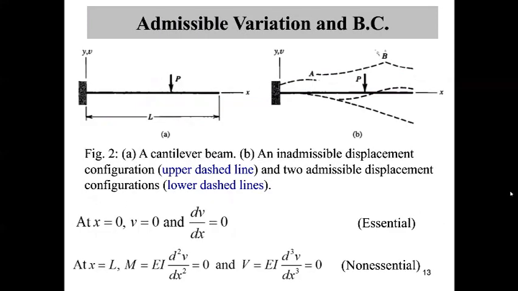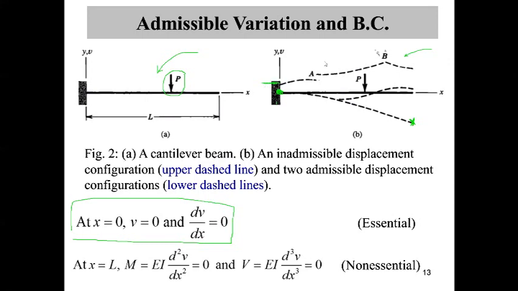In this example, we have a cantilever beam subjected to a concentrated force P. The essential boundary conditions in this case are: at x equals 0, the deflection and the slope of the deflected shape should be zeros. The non-essential boundary conditions are: at x equals L, the bending moment and the shear force should be zeros. The upper curve is an inadmissible configuration because it violates the two essential boundary conditions.